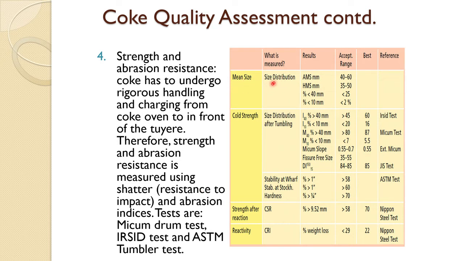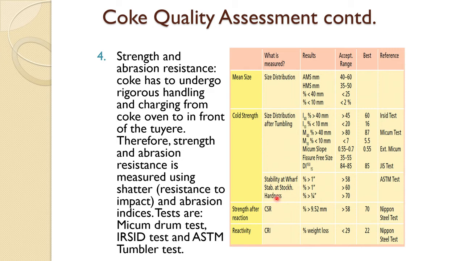These are the typical size distribution, accepted range, harmonic mean size, arithmetic mean size, and the cold strength. These are the sort of tests you do, and the best value is indicated over here.